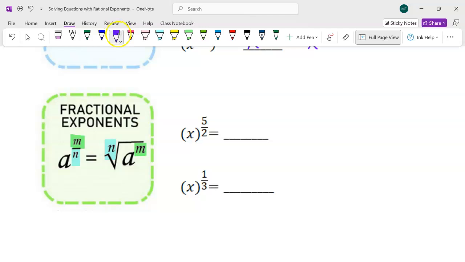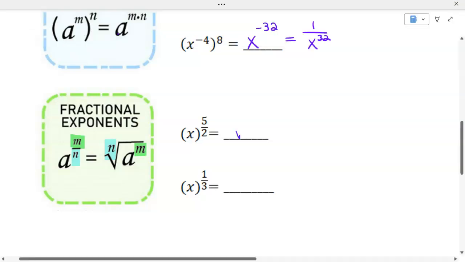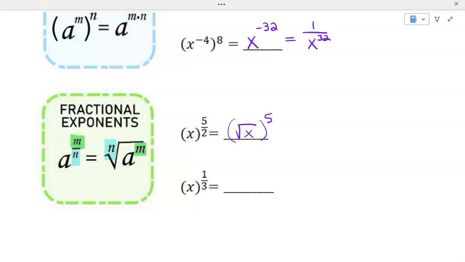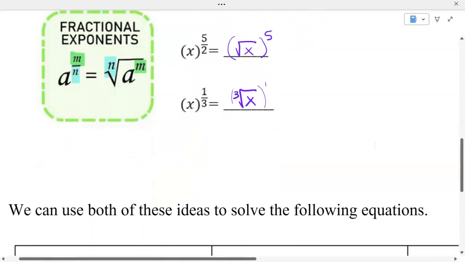So here are some examples over here to the side. If we have x to the 5/2 power, that's really like we are taking the square root of x and then raising it to the 5th power. And if we have x to the 1/3 power, that's really just the same thing as the cube root of x. Yes, it is raised to the first power, but we know anything raised to the first power is just itself. So that's just going to be the cube root of x.